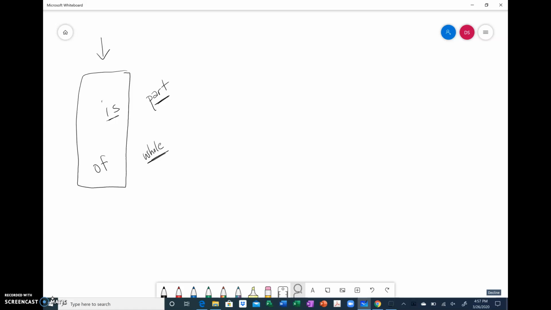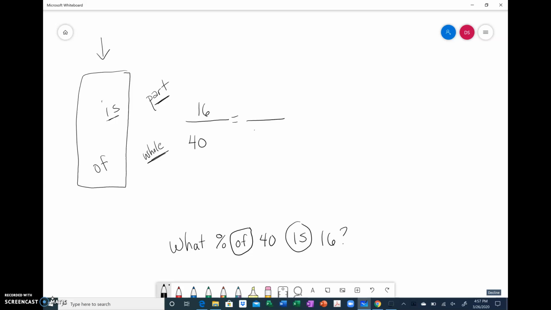Number 1: what percent of 40, and there's our key word of, is, another keyword, 16. So fill in the blanks. Of 40 is 16. Always have 100. What percent? So again, our variable is the p.